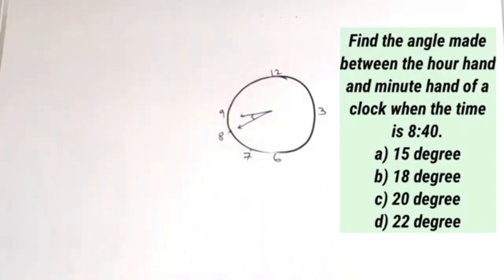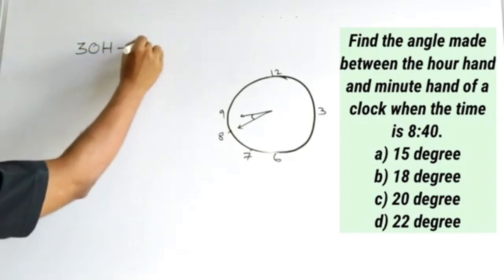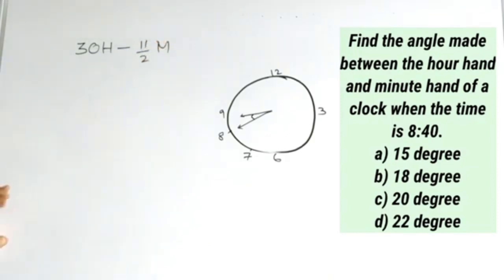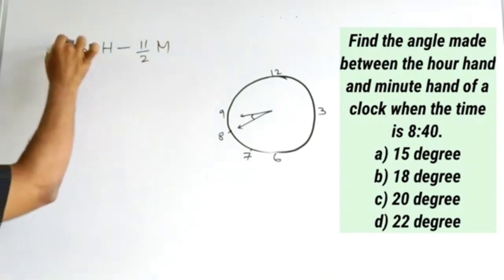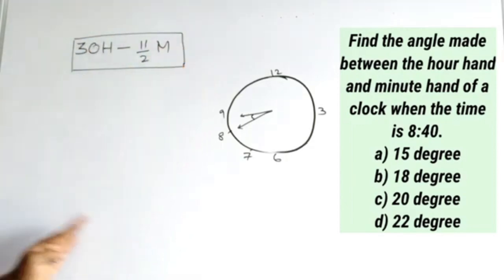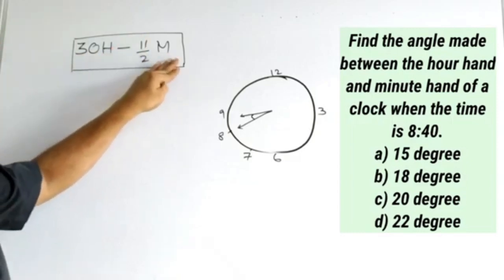First we will go with the formula. What is the basic formula to find out all these types of questions? Understand this formula. The formula is 30h minus 11 by 2m. Very important. All these types of questions you can solve using this formula, 30h minus 11 by 2m.